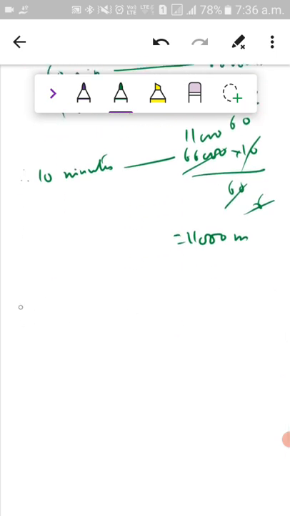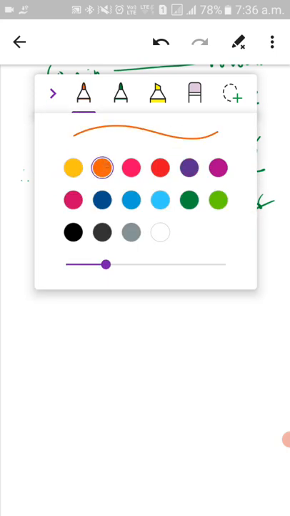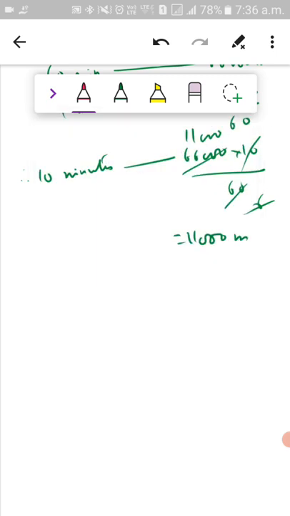Then now what we need to find is how many complete revolutions. So therefore the number of revolutions will be what?